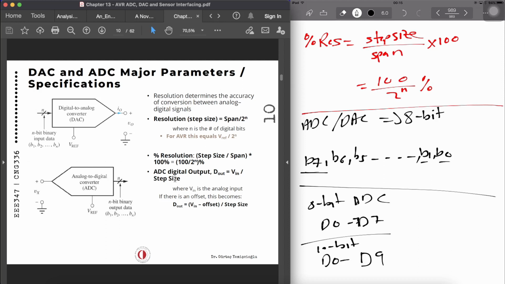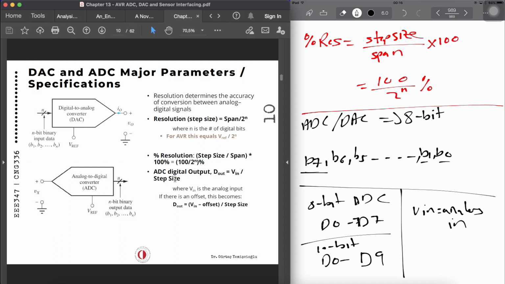Now, how do we calculate this D out? It's the voltage in divided by the step size. Voltage in is the analog input. And if there's an offset, then it's voltage in minus the offset, divided by the step size.